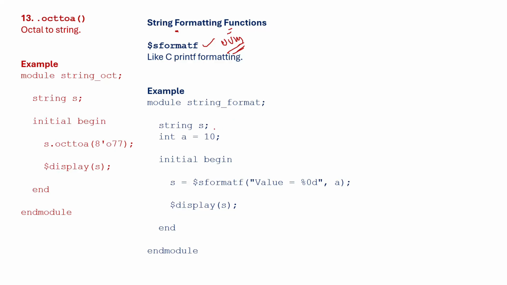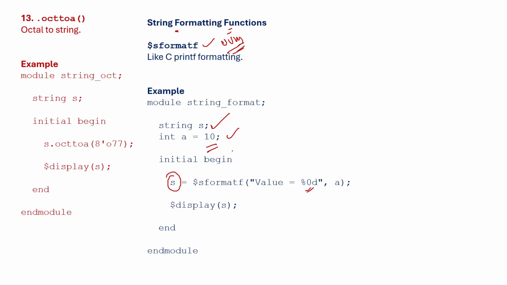Suppose I want to convert this string s and integer a into a value. Okay, so I want to convert this string to value. So that will be possible here. S equal to $sformatf. So this value should be converted to string. Okay, that is the string formatf, string formatting functions.